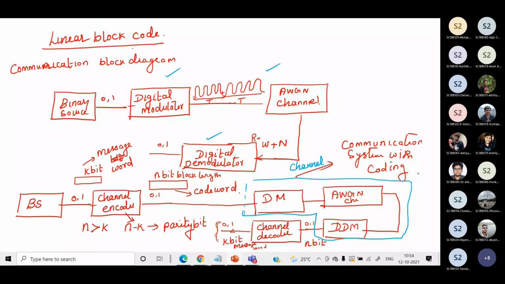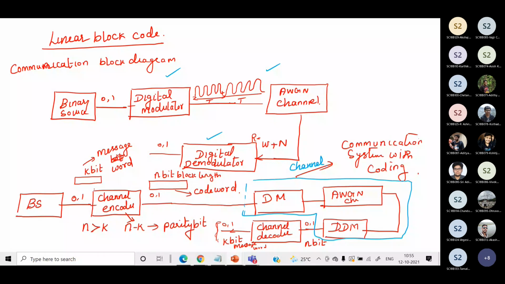In linear block code, we take a block of data. What we have seen is the communication block diagram. In this block diagram, where does our error control code sit? Error control coding at the transmitter adds parity bits. At the receiver, with the help of the parity bits, we identify the error for error detection, and with the help of the same parity bits we correct the bits.